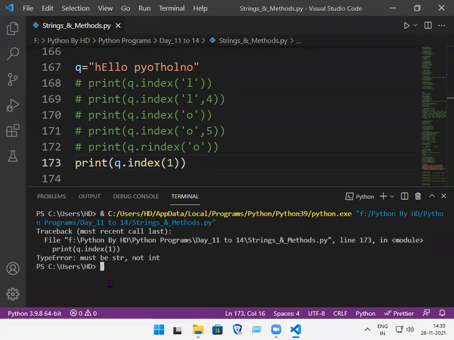Because after completing 3 more topics, I'll give you the interview question. The question will be: what is the difference between index, count, and find? The first which you're seeing now is index only.